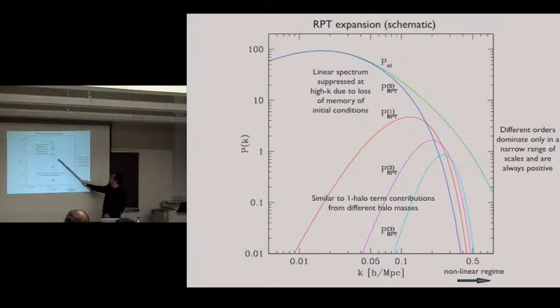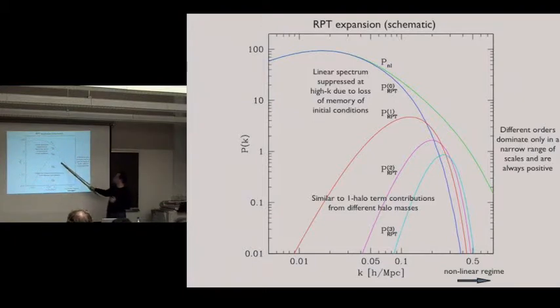Now, if you compare with the halo model, for those of you that know the halo model, this looks similar to it. In the halo model, when you put dark matter into halos, there is a so-called two-halo term where particles are in different halos, right? And that will be this one. And in the halo model, this is suppressed by the halo profile, so it's also damped, but not damped in this particular way.